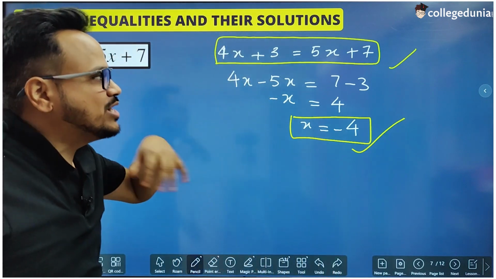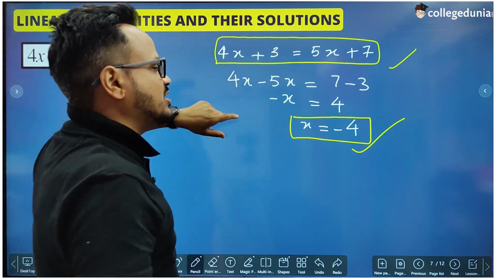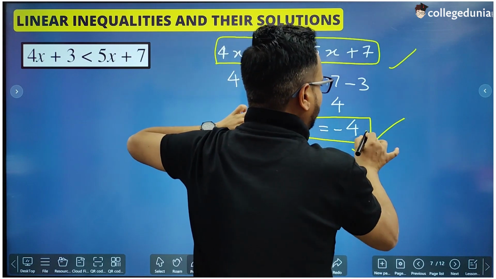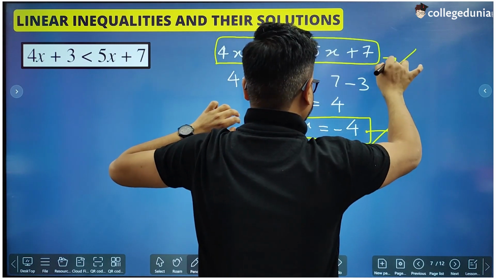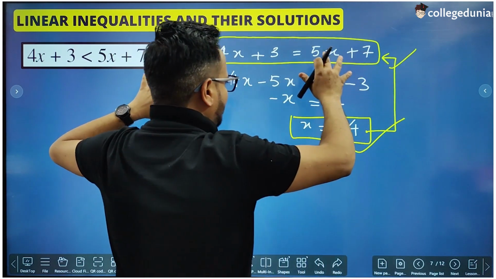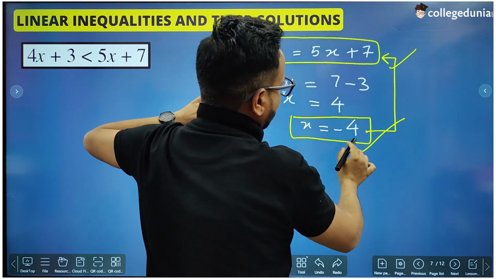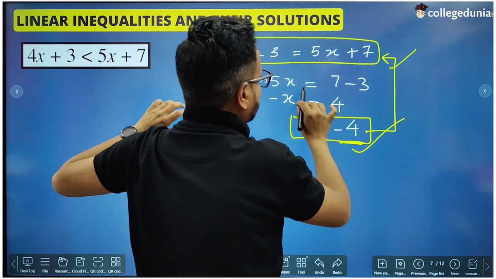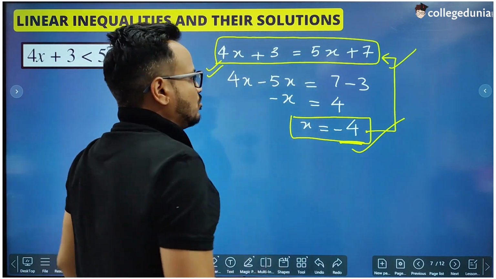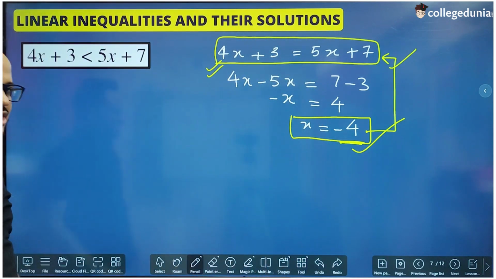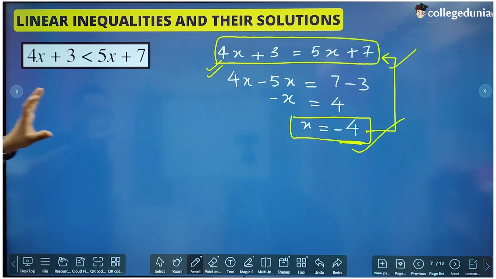The solution of an equation is that value of the variable which satisfies the equation, which means that if we put the value of the variable which is the solution, that is minus 4, then we will get LHS equal to RHS. That is the meaning of the solution, and we all know this, right?